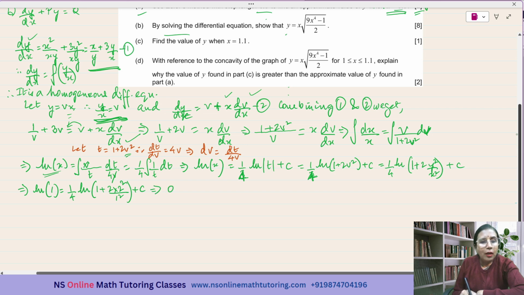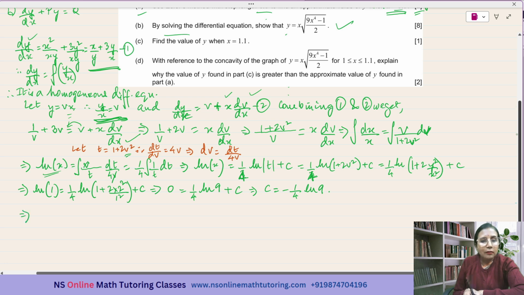So this is 0, and this one is 1 over 4. 2 times 2 square is 2 square is 4, 4 times 2 is 8, 8 plus 1 is 9. So it is ln of 9. Okay, ln of 9 plus c. And so therefore, c is equal to negative 1 over 4 ln of 9.